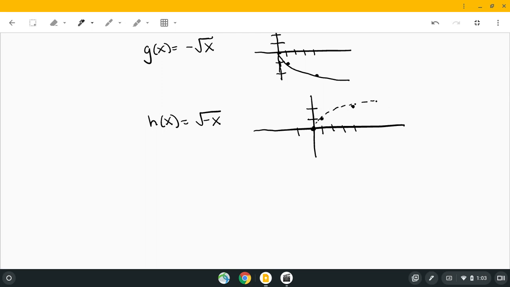So here, this point gets reflected over here. And this point gets reflected way over here. So it would look like that.